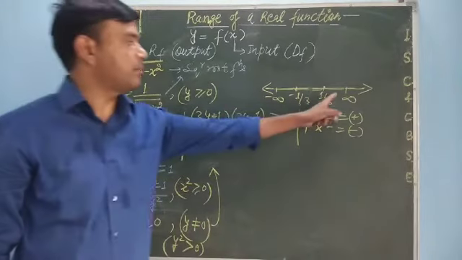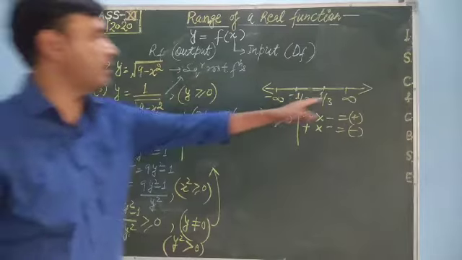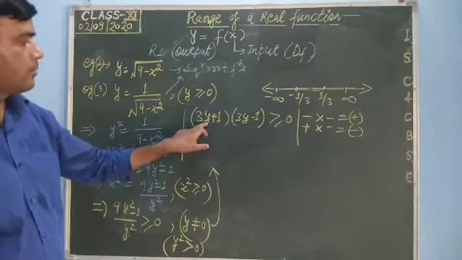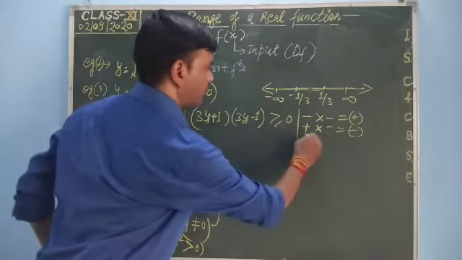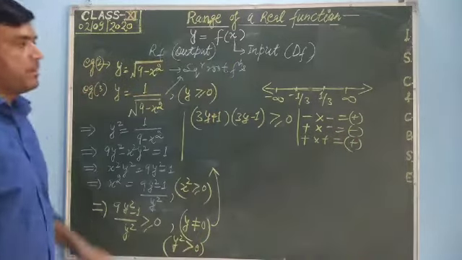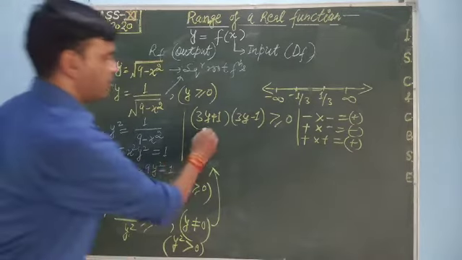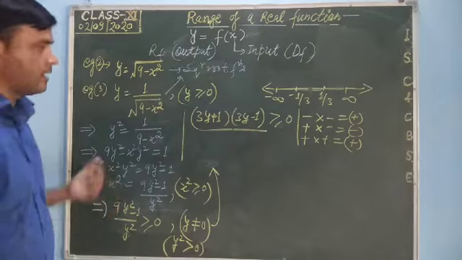Now we take a number between 1 upon 3 and infinity, suppose 1. Putting 1, I get positive into positive, so again positive.